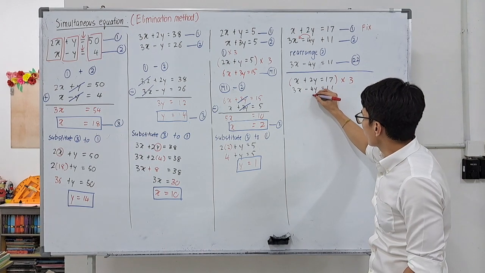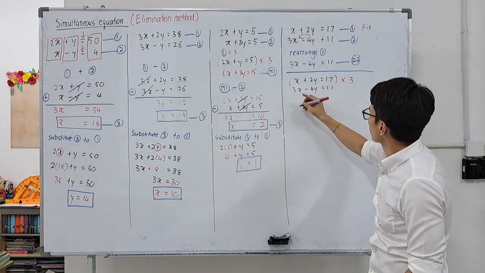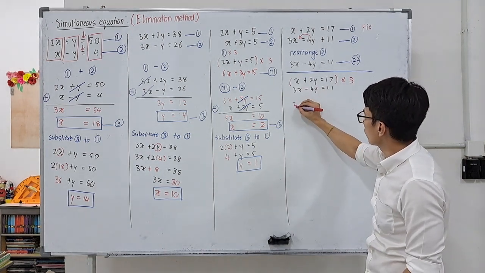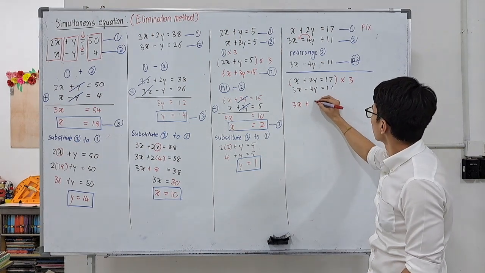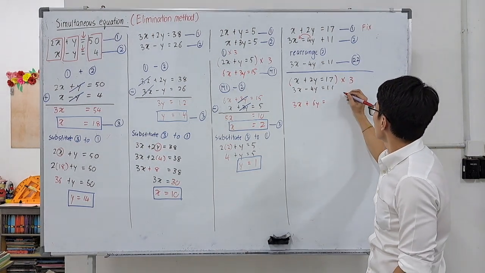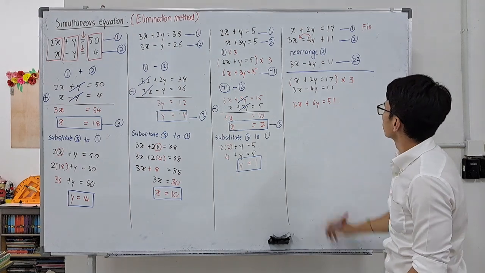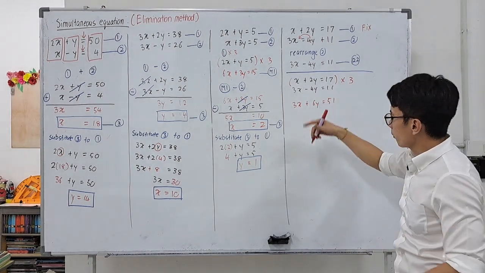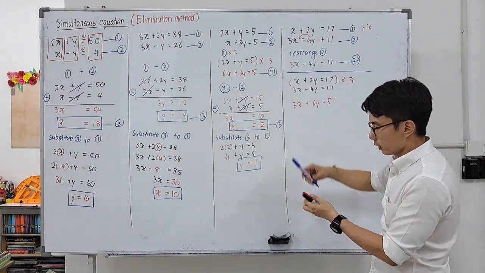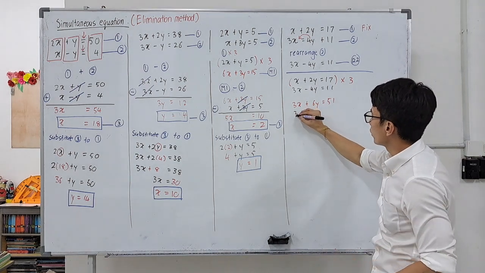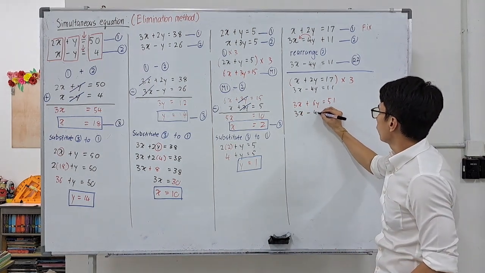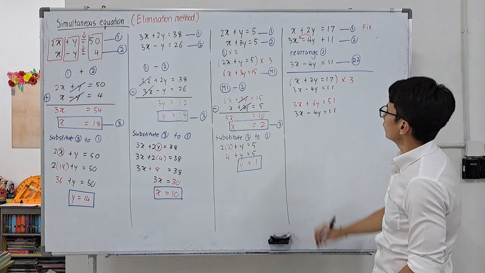So we will write down what will happen over here. If I multiply everything by 3, that will give me 3x plus 6y equals to 51. And this equation, nothing is going to change: 3x minus 4y equals to 11.